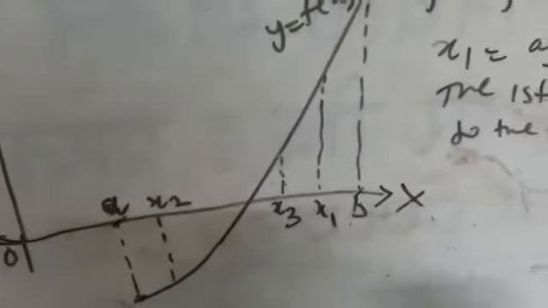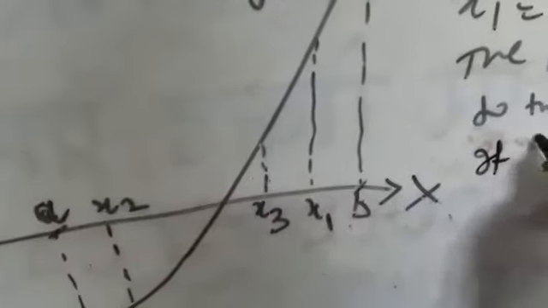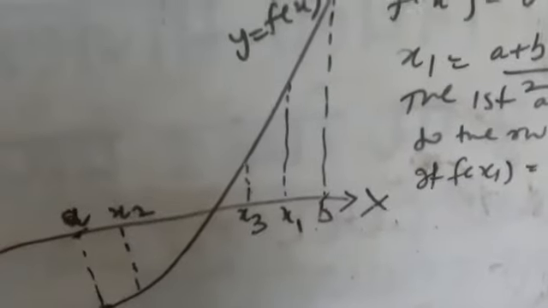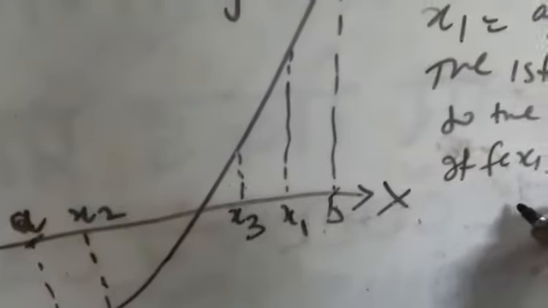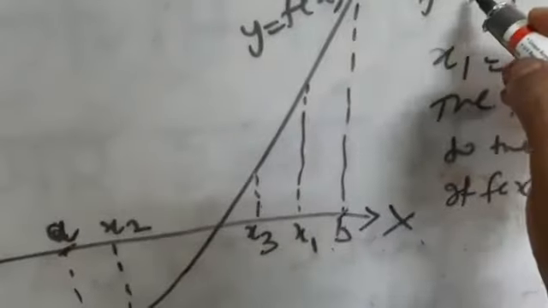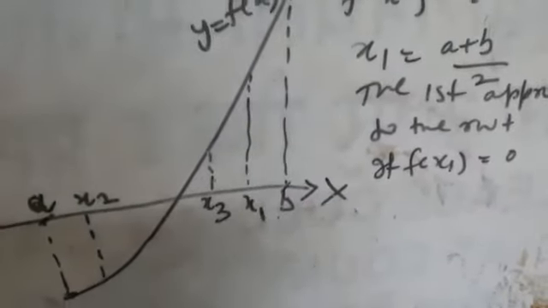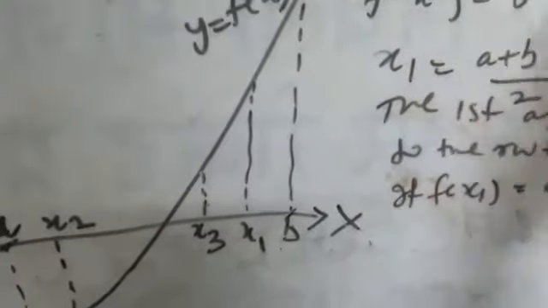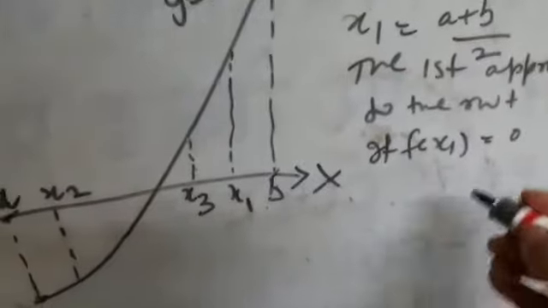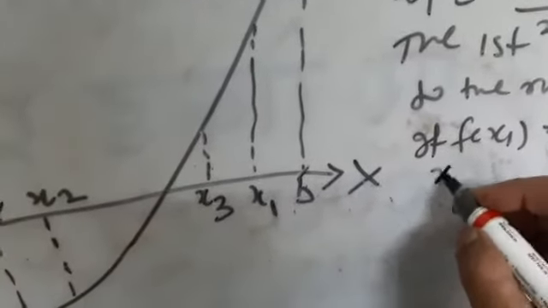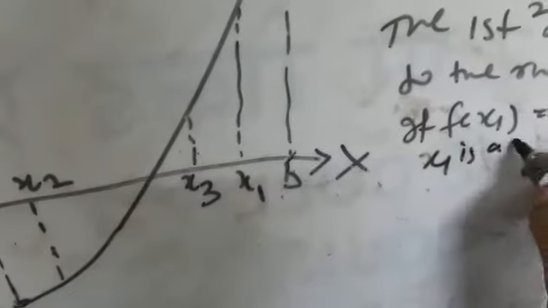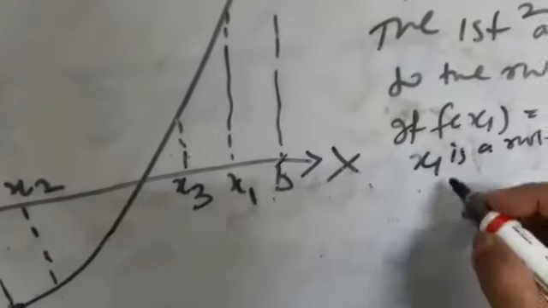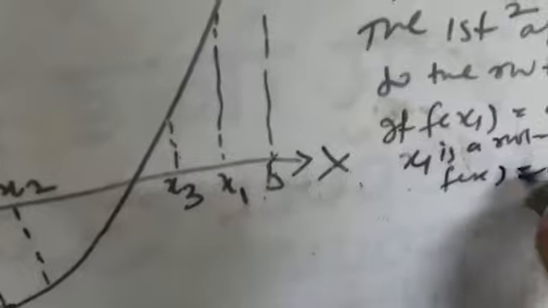Then if f(x1) is equal to 0, then x1 is a root of the equation f(x) equal to 0, because x1 satisfies the equation. If we put x1 in place of x, then we get f(x1) equal to 0. Then x1 is a root of f(x) equal to 0.